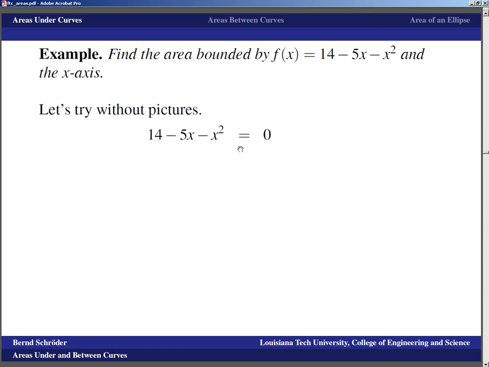Namely, we take our function, set it equal to 0. Well, okay, that's a quadratic. Let's write that in the way that we're more used to seeing. Negative x squared minus 5x plus 14 equals 0.